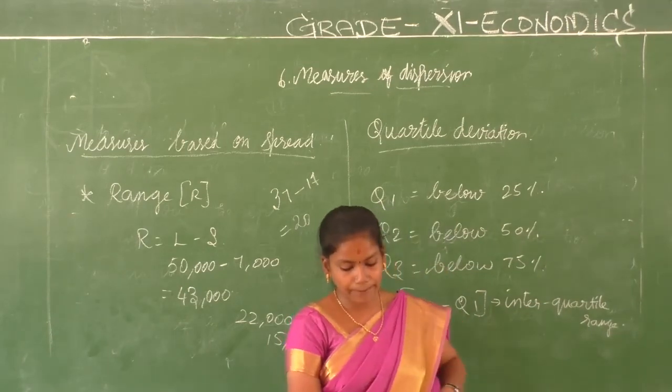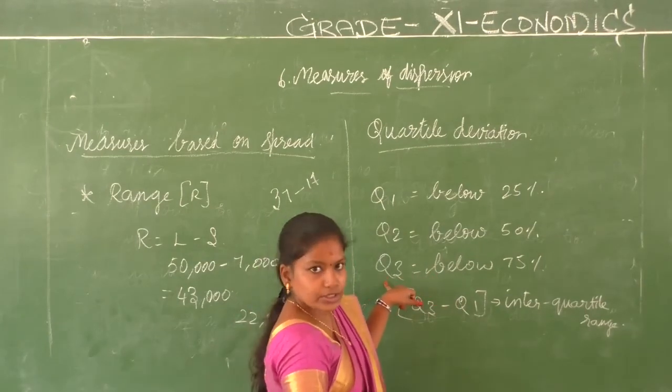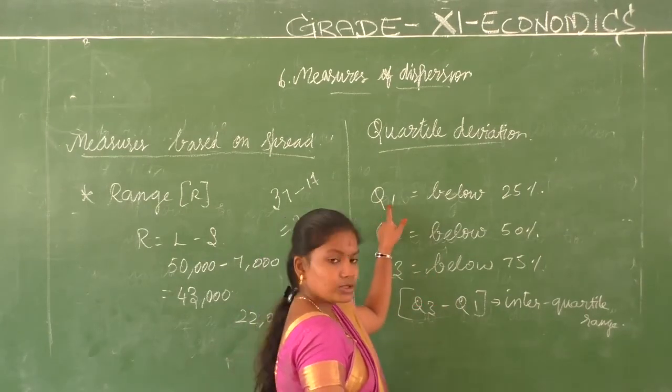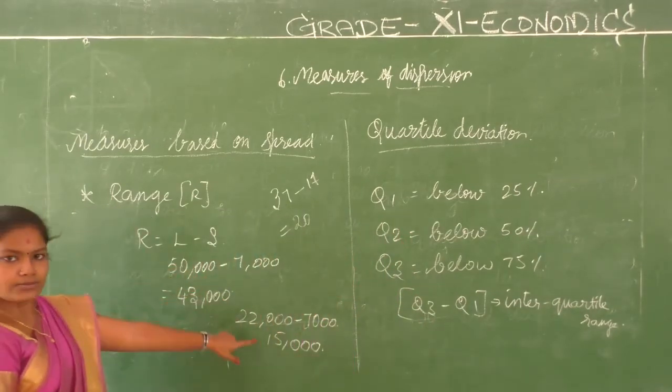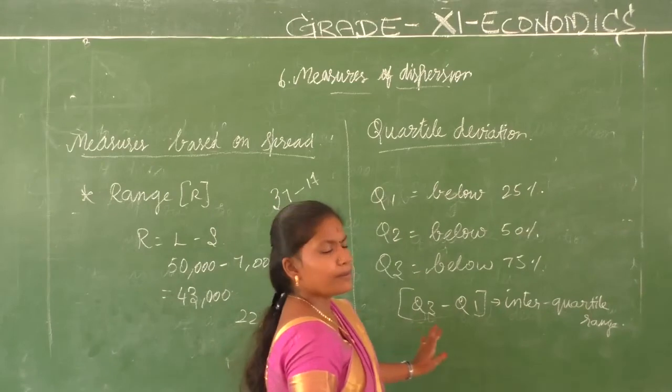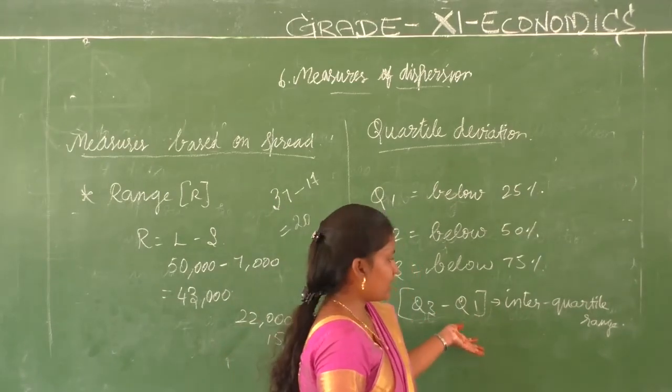Right children, the upper and lower quartiles. Which is the upper quartile? Q3, lower quartile Q1. We saw that largest minus the smallest. So upper quartile minus the lowest quartile will give you what?